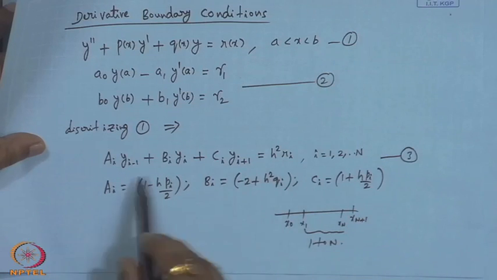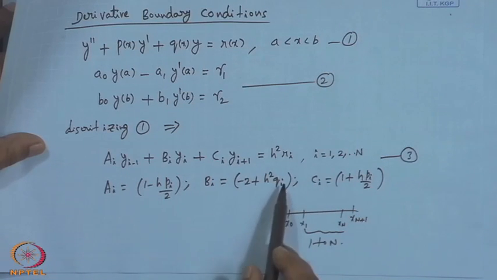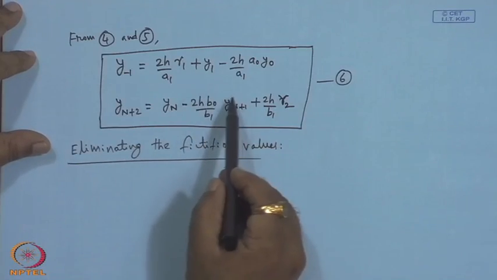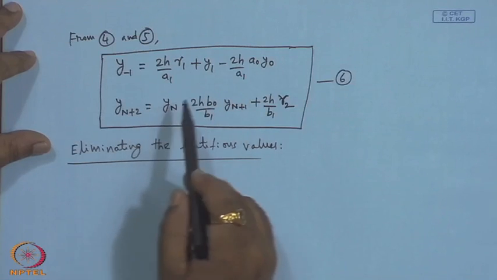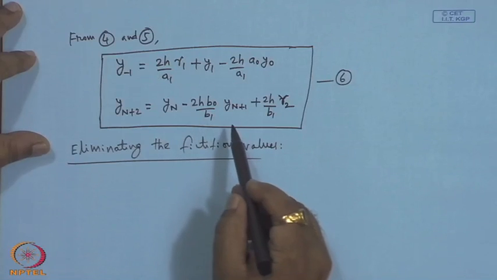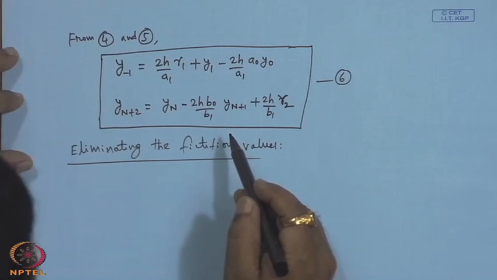We have n equations, but discretizing introduced two fictitious values. So, we have to eliminate them.